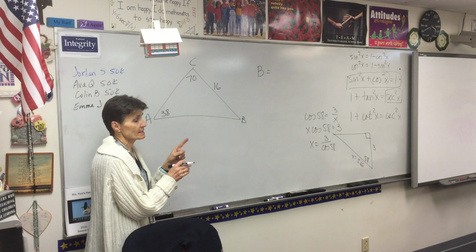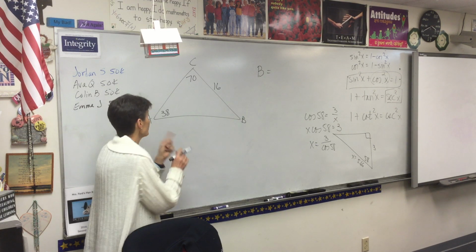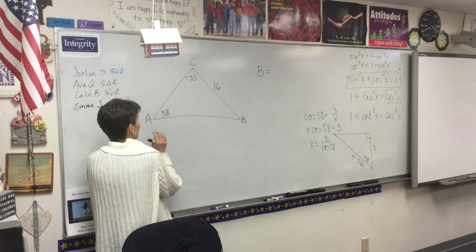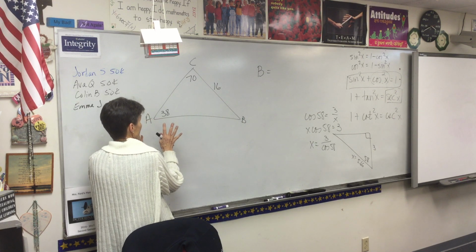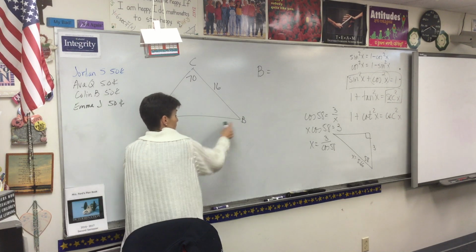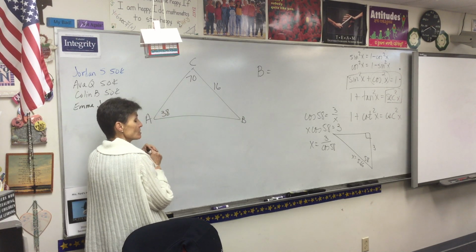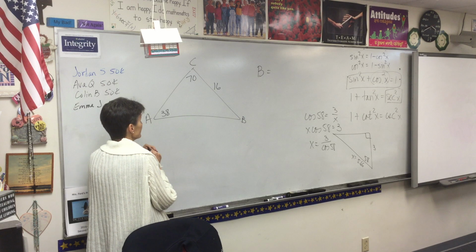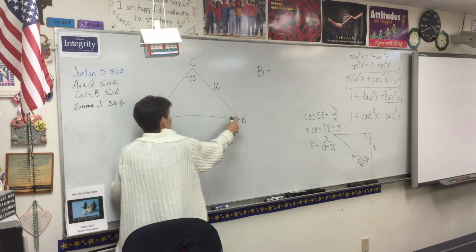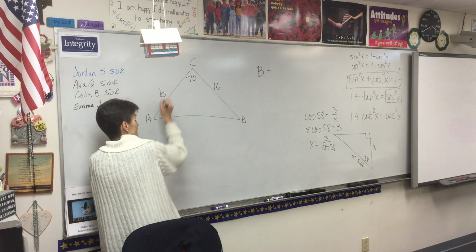Now there are a couple of things I want to point out before we start. First of all, it is common practice when we label triangles, we use capital letters for the angles, and we use small letters for the sides. So when I label this side over here, it is going to be small b.